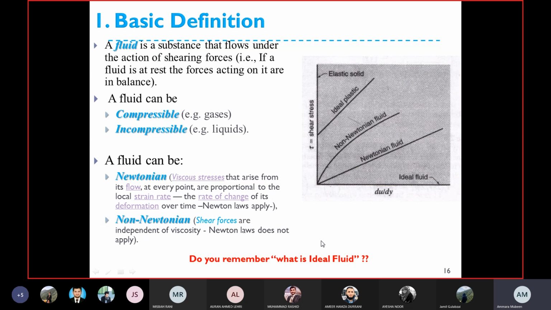A fluid can be compressible and can be incompressible. A fluid can be Newtonian and can be non-Newtonian. So let me know about compressible and incompressible. As the name implies, what fluid you will call as compressible? Can anybody tell?